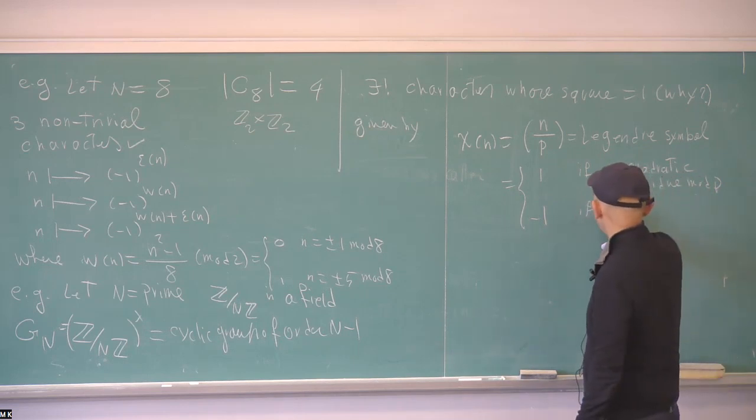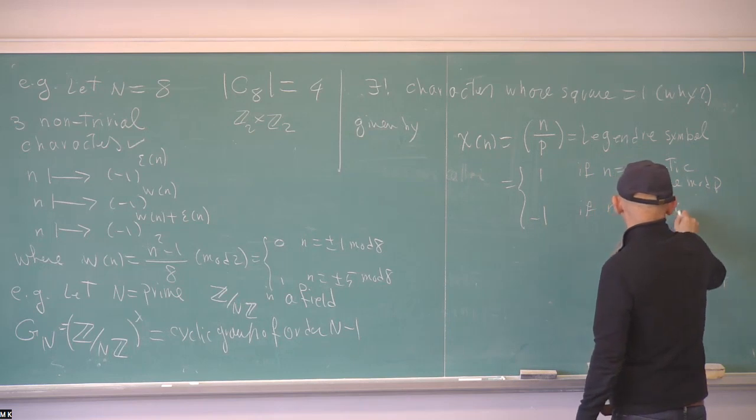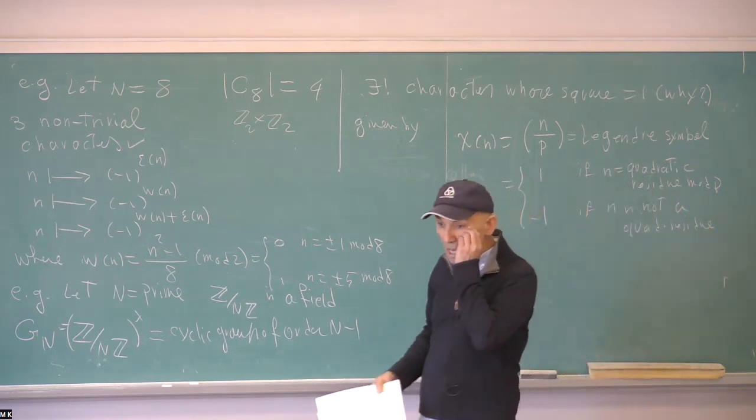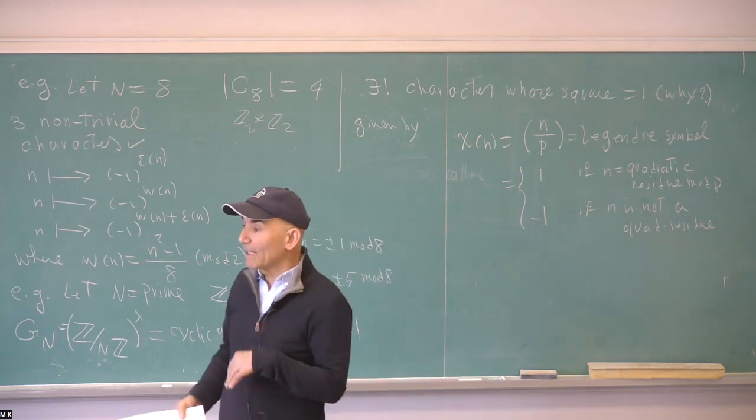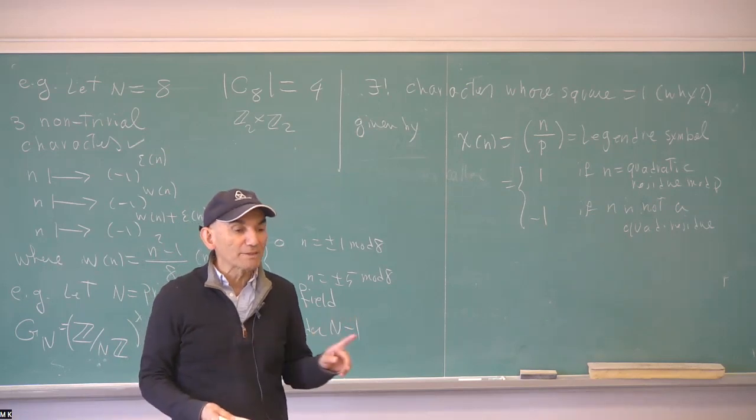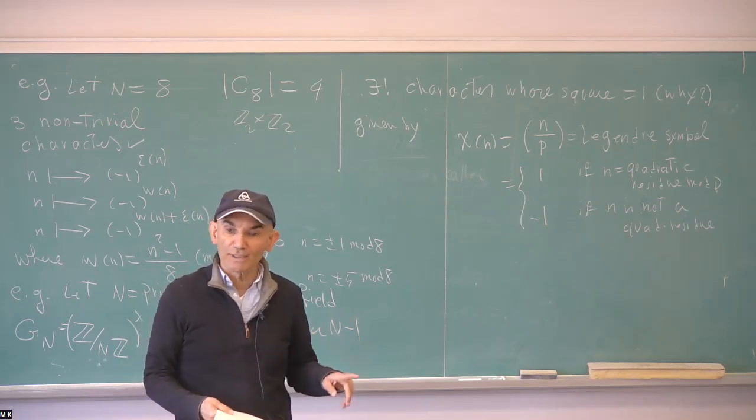If n is not a quadratic residue mod p again. So what does this mean? It means that depending on n, we are looking at the simplest type of nonlinear equation, a quadratic equation.